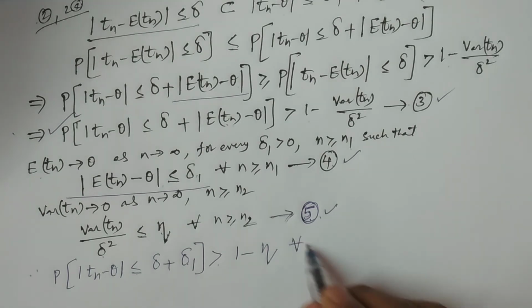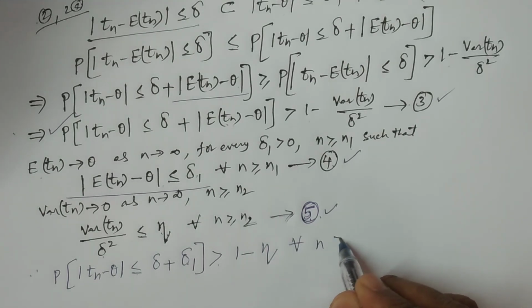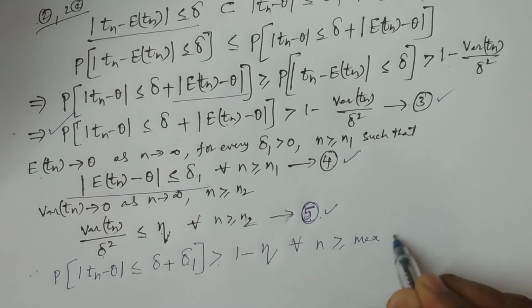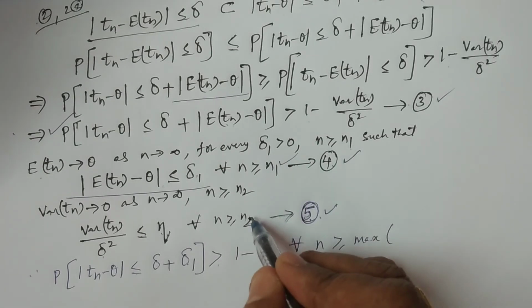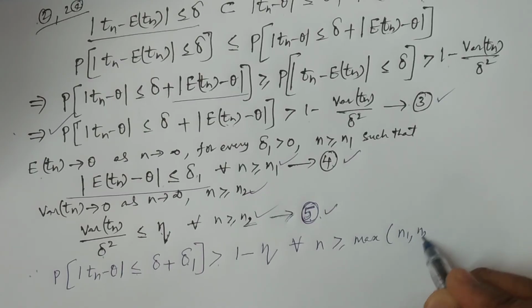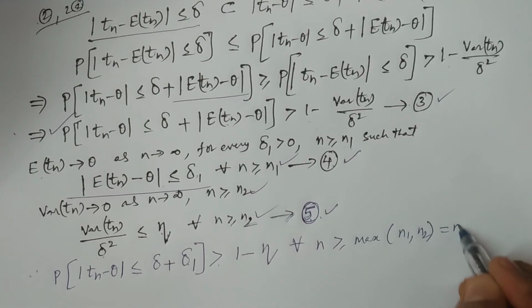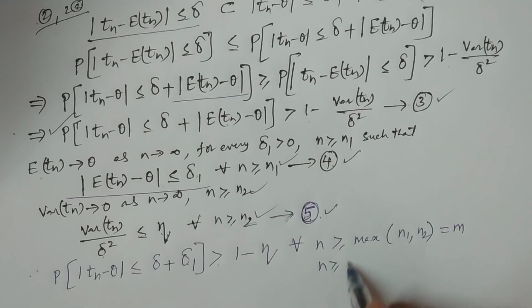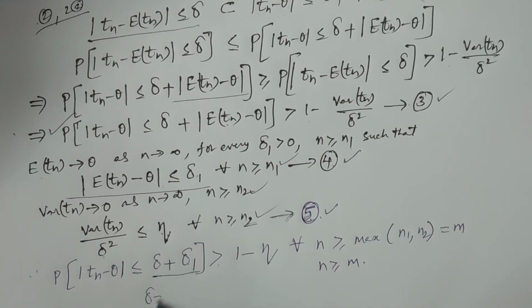This holds for all n greater than or equal to the maximum of the constants n1 and n2. Let us say this is m, that is, for all n greater than or equal to m. Consider delta plus delta 1 equal to some epsilon.